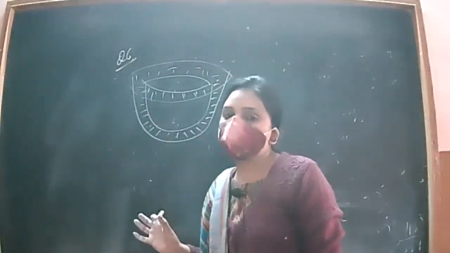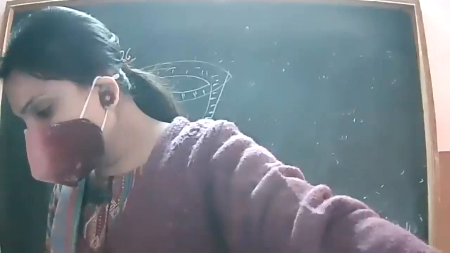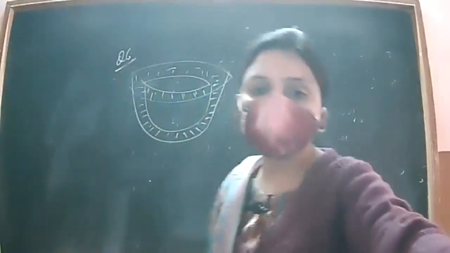Iron has been used to increase the thickness, right? Then he says the thickness of the iron is 1 centimeter and the inner radius is 1 meter.